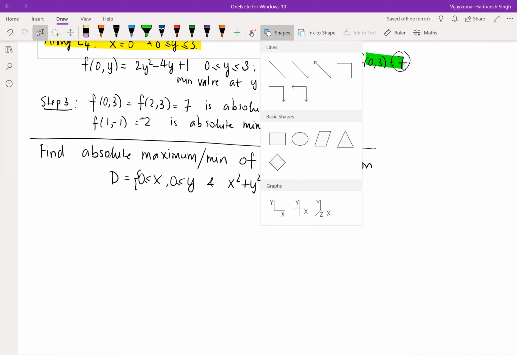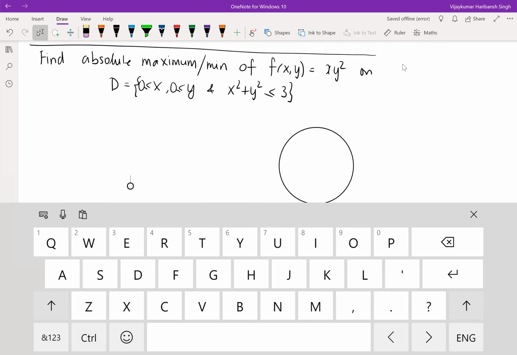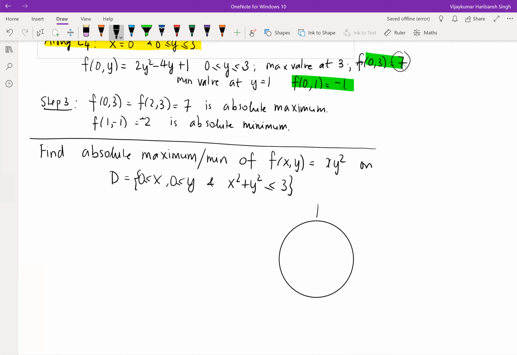So when we draw this, we are looking at the first quadrant of the circle. So this is our region where we want to maximize and minimize our function, right?